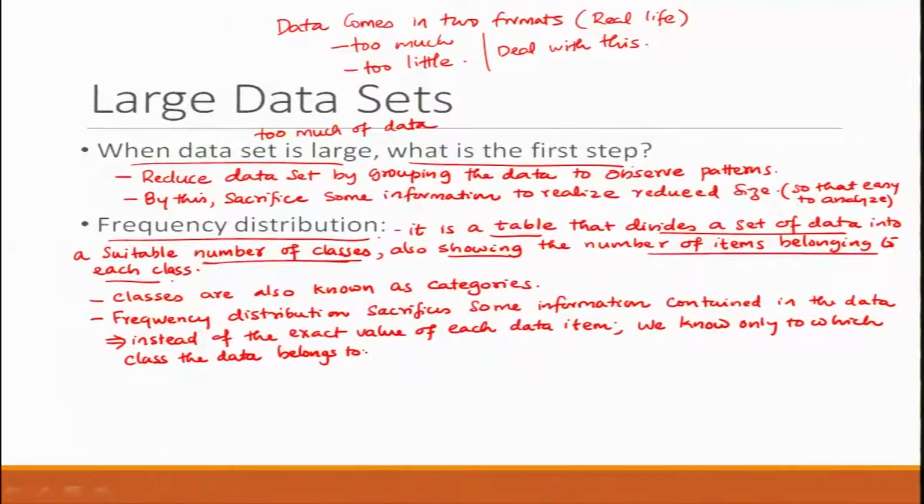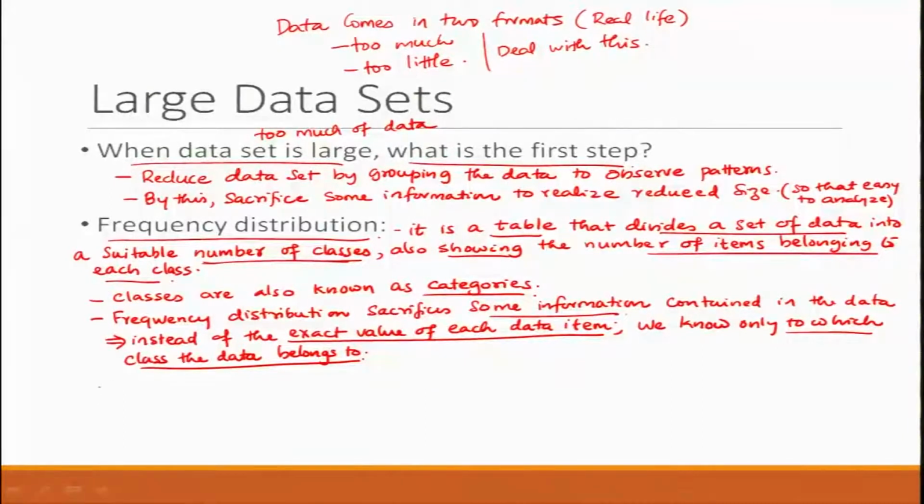What is sacrificed is the exact value of each data item, and instead it provides which class the data belongs to. Each individual value you do not know, but you know where it belongs, which class, group, or category.